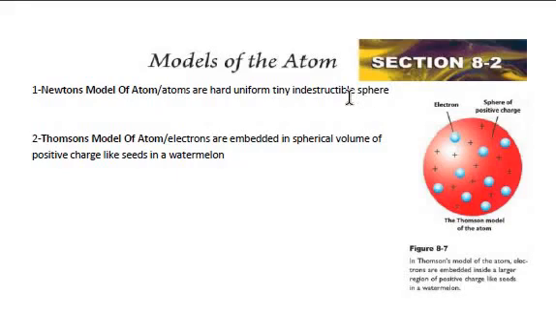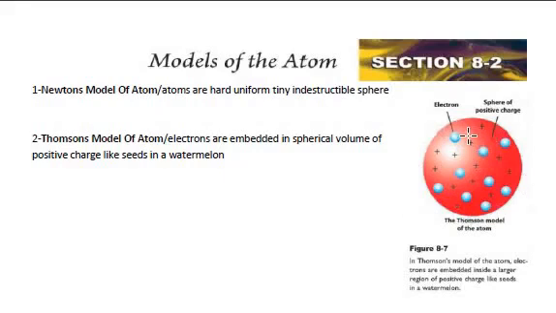Let's start from the first description, Newton's model of atom. Newton says atoms are hard, uniform, tiny, indestructible spheres. After that, Thomson came. Thomson's model says electrons are embedded in a spherical volume of positive charge like seeds in a watermelon.